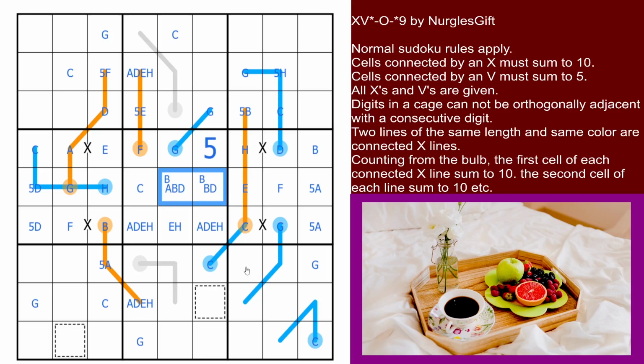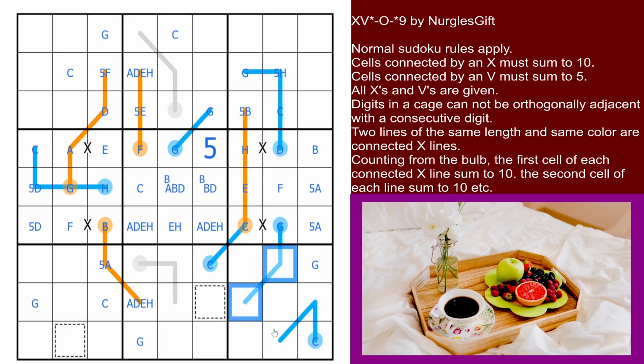Come on. EH. CEH. So we got EH here. Oh, none of this is 5 now, right?